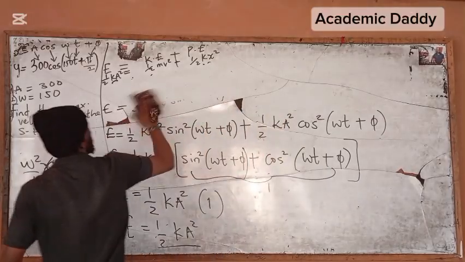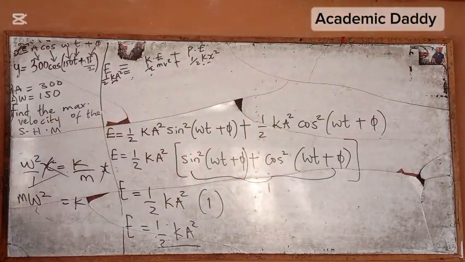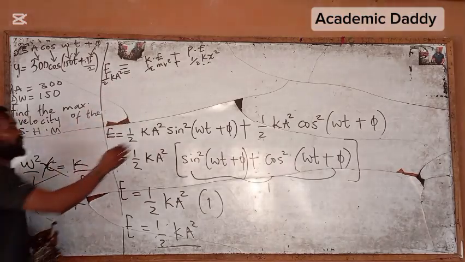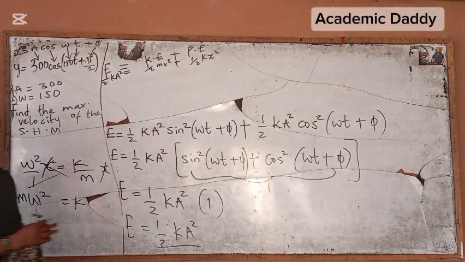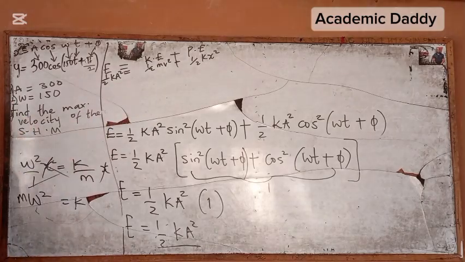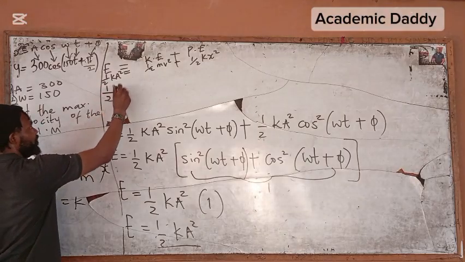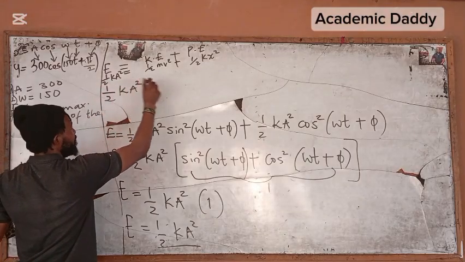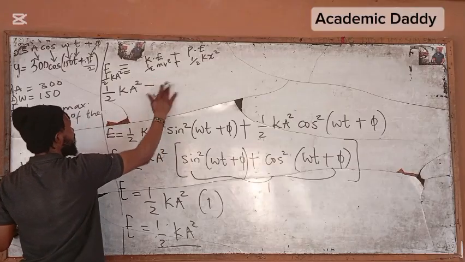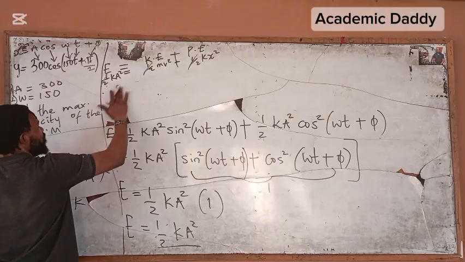Okay, if I want to get the velocity of this system, what I need to do is make velocity the subject of the formula from this equation. So how do I do it? This becomes half Ka squared; this one crossing over becomes minus half, or I can just say half is common to all of them. I cancel all the half.